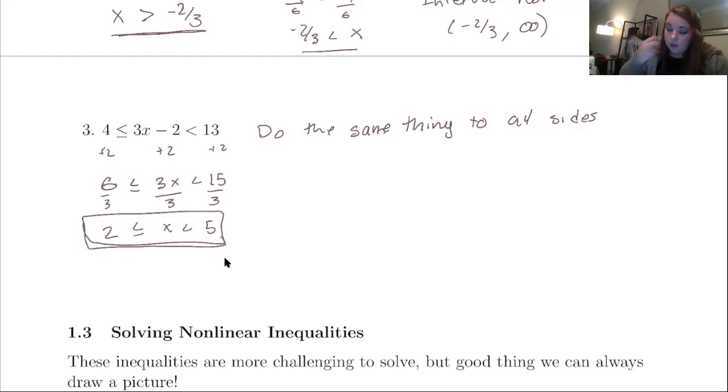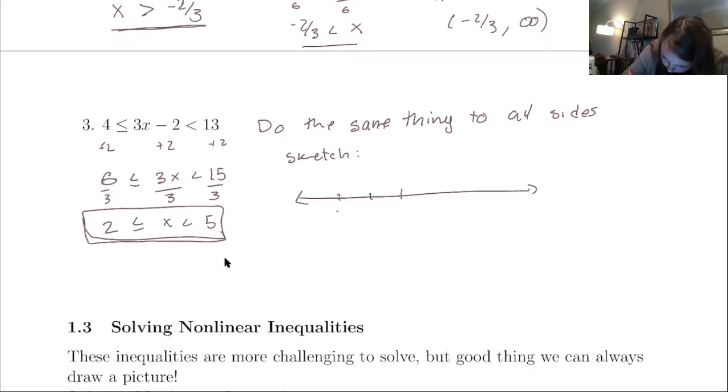How can I write this in interval notation? So I'm going to do a sketch. For a sketch, I have 2 is less than or equal to x, which is less than 5.